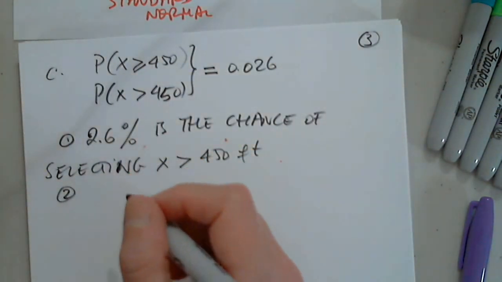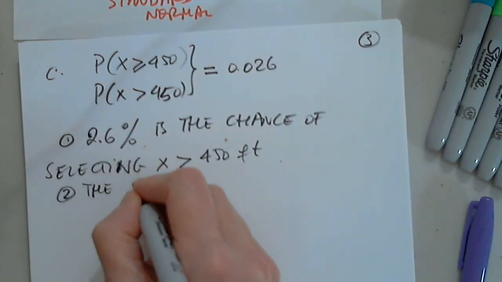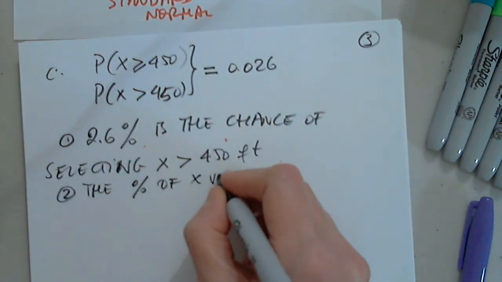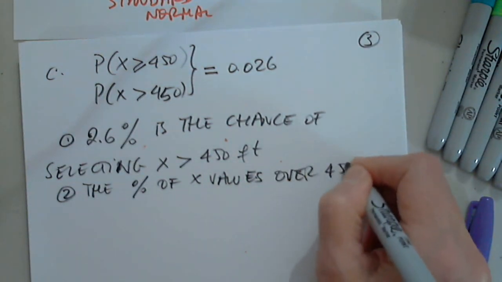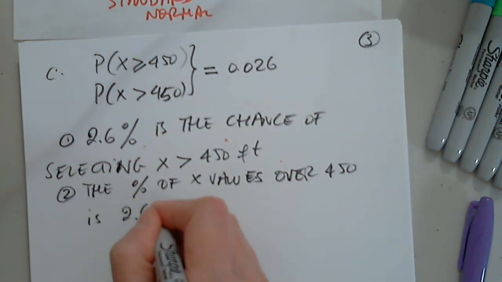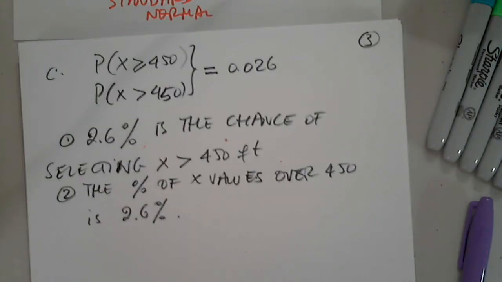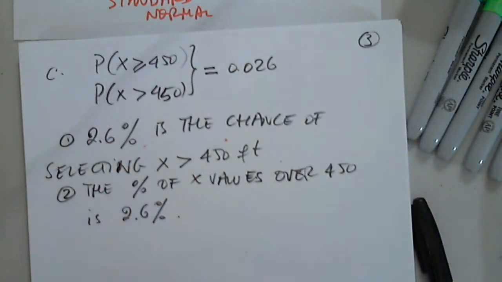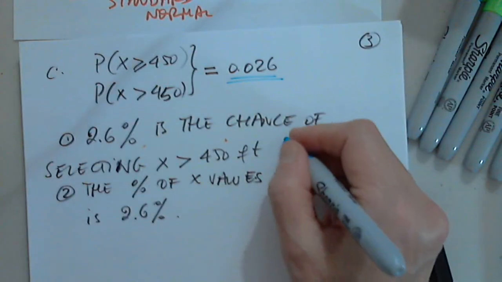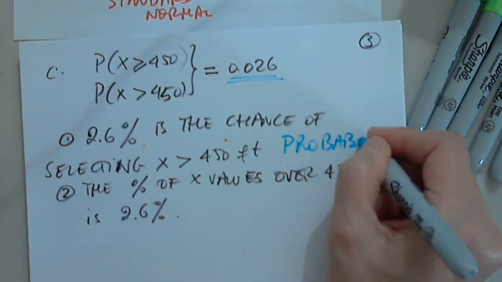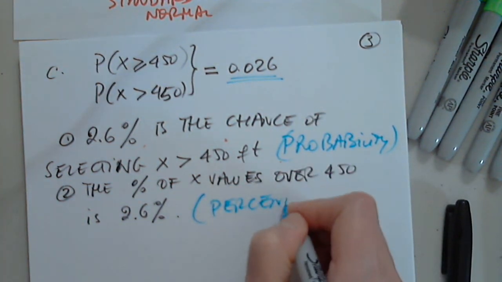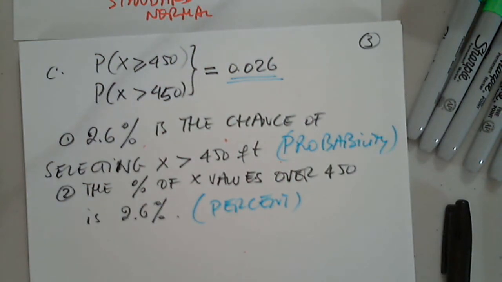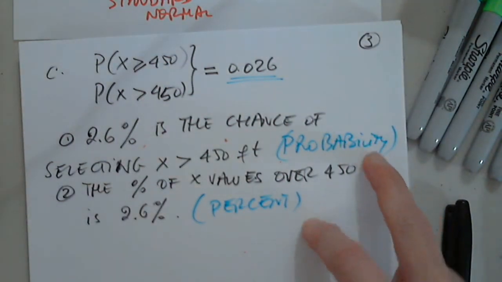So the percent of x values over 450 is 2.6. So the chance of selecting, this is probability, and this is percent. So two things come out of this area. Probability of selecting such and such, and percent from the distribution. So 2 interpretations.